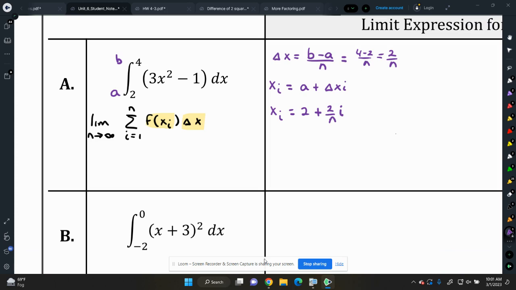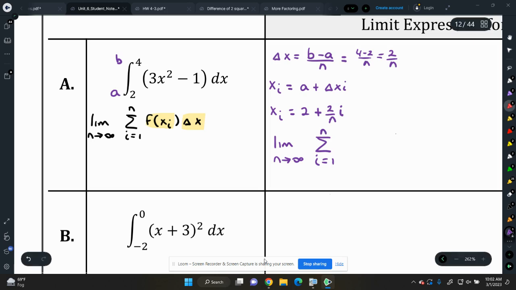So we're looking at the limit as n approaches infinity of the summation i equals 1 to n. By the way, your notes use k, but we're using i. Okay, so we need f of x sub i.